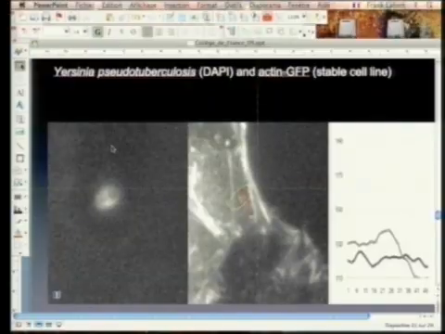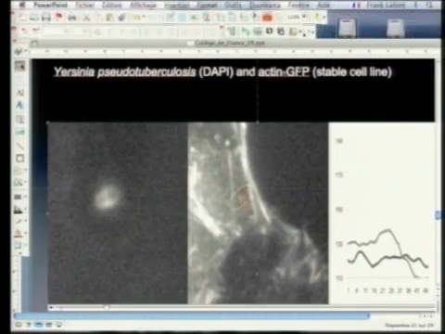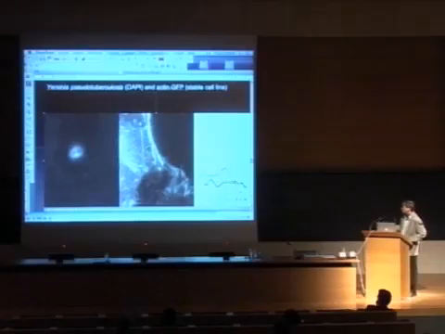So this is a TIRF image. Here is the bacteria. Of course, here we will follow the fluorescence. Here it's the fluorescence of the bacteria, and here is the fluorescence of the actin cable on two separate channels that are combined after that.